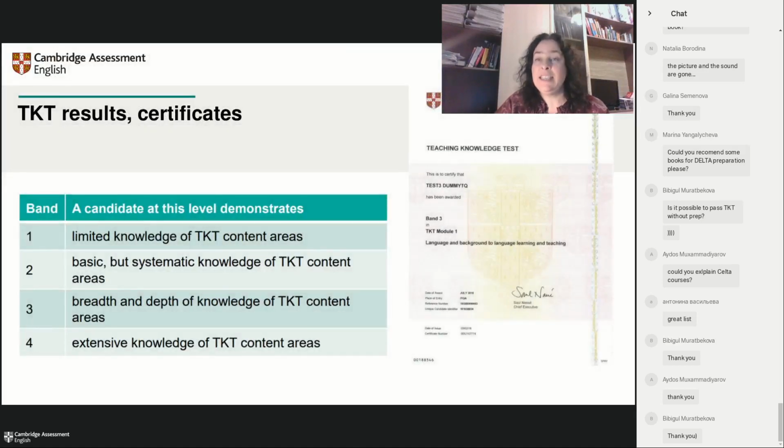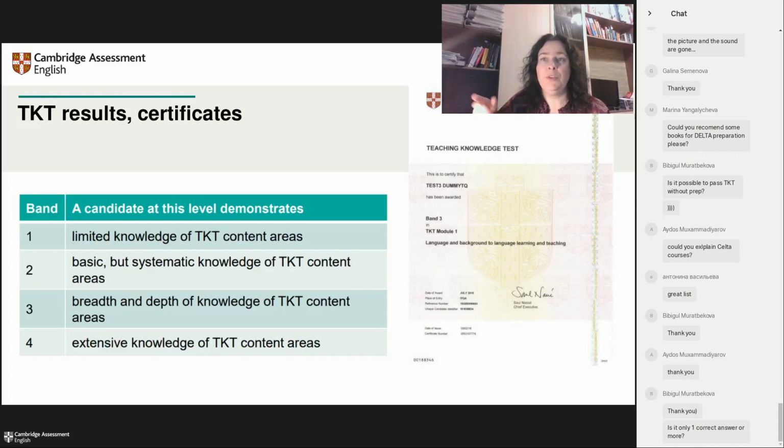TKT is assessed with a 4-band scheme. You will be awarded band 1 even if you have limited knowledge of the areas assessed. Someone has asked me whether you need some preparation, whether you need to take a course or read some books.